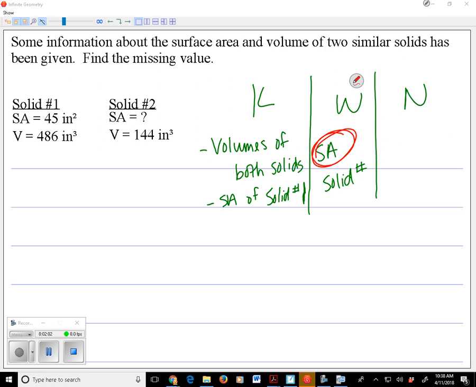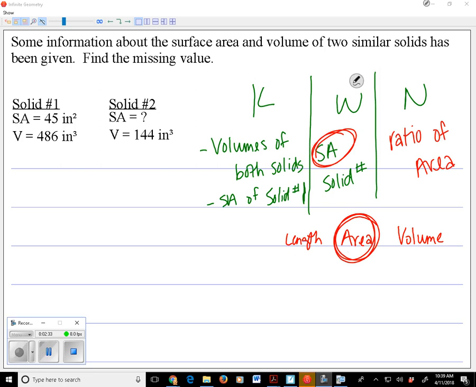Is it going to be the ratio of length, area, or volume? If you guessed area, you would be correct. We have to find the ratio of the area if we are trying to find area.